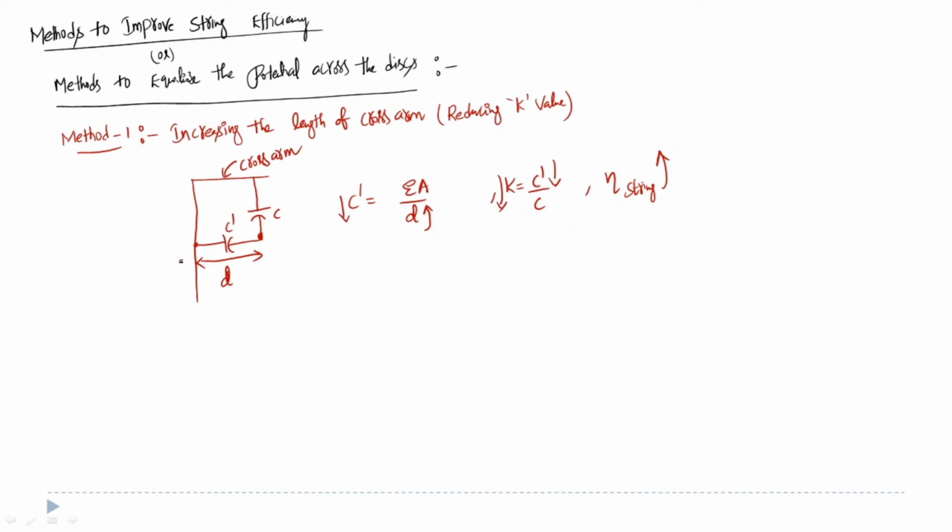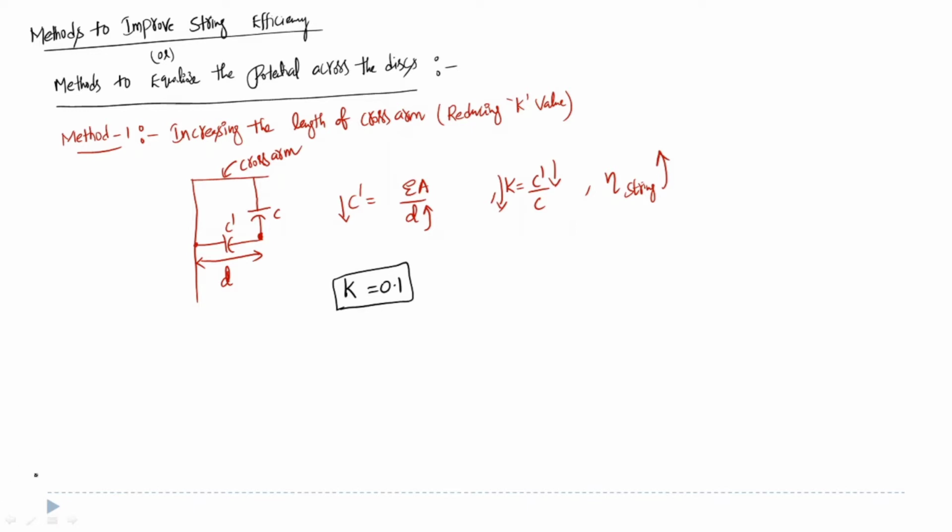Okay? So this is the first method, which is the most commonly practically used method. By using this method, we can reduce the K value to 0.1.